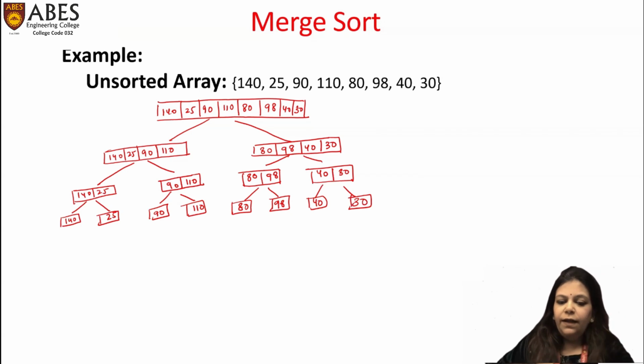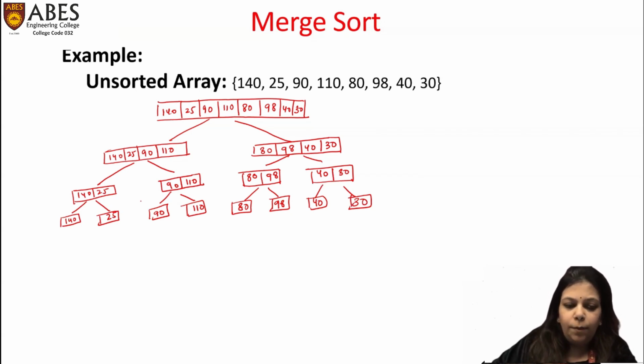So now after dividing the original problem into smaller parts, now we will start conquering them. In order to conquer them, we will consider these as two sorted arrays and then we will merge them. And while merging, we will keep in mind that the resultant array should be sorted.